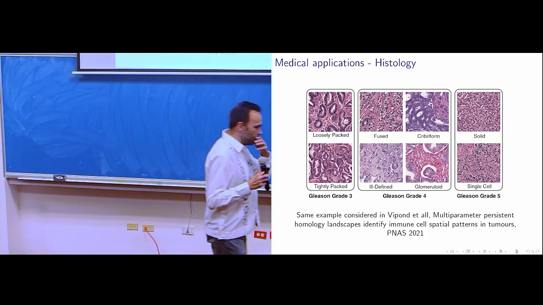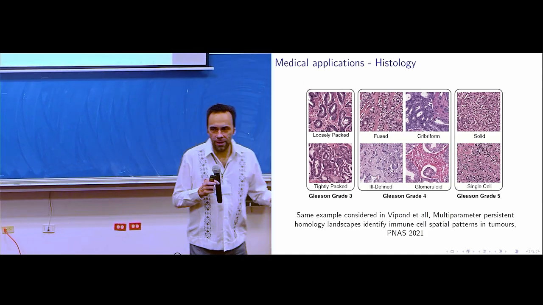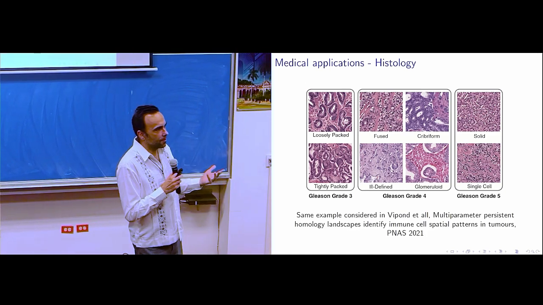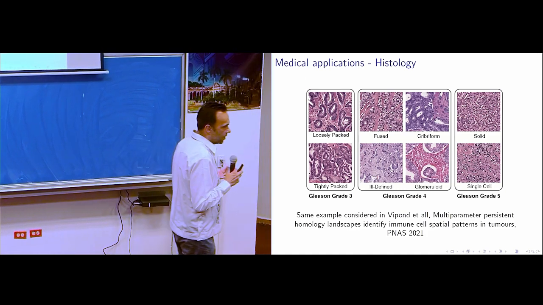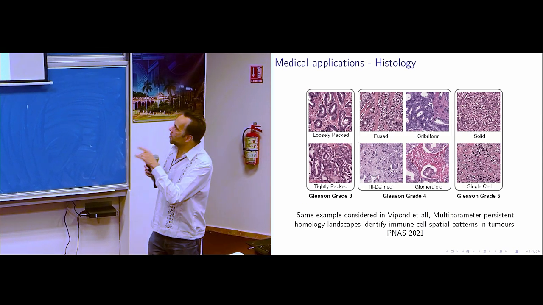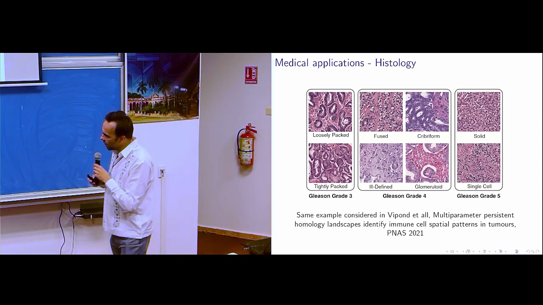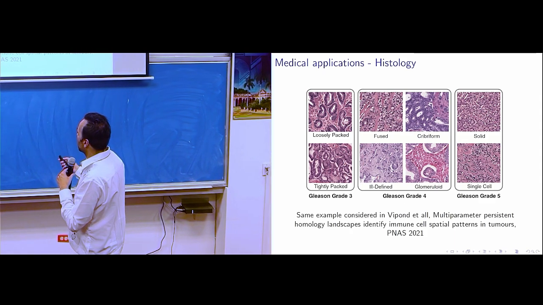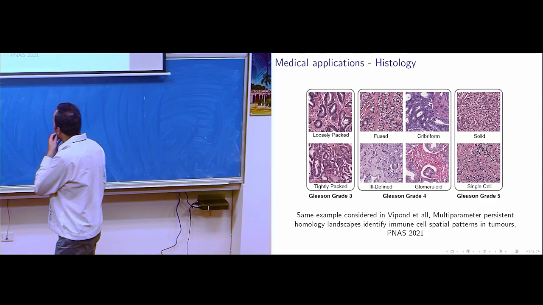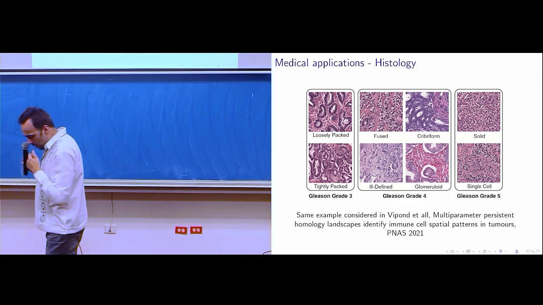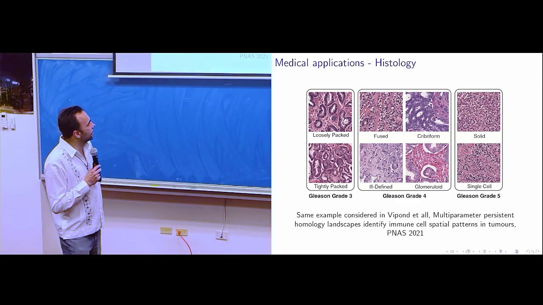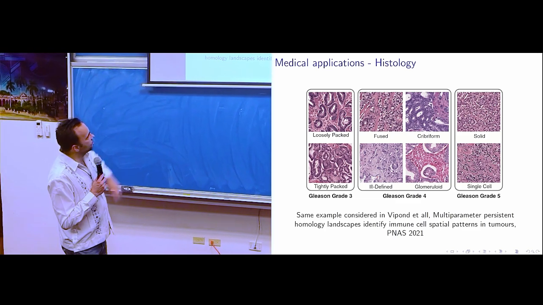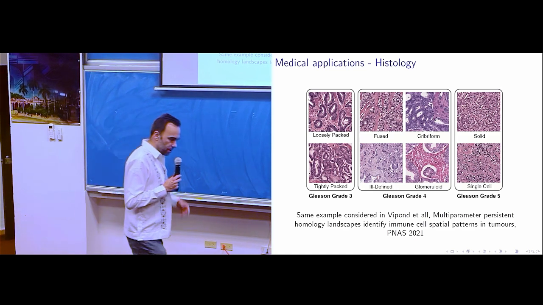So when I mention RGB, immediately that should ring a bell that we can do something with colored images. That's one of the examples that we are actually considering in this paper. It's a toy example, motivated by a paper of Olivier Vipond and co-authors, where they are looking at histology slices from prostate cancer.